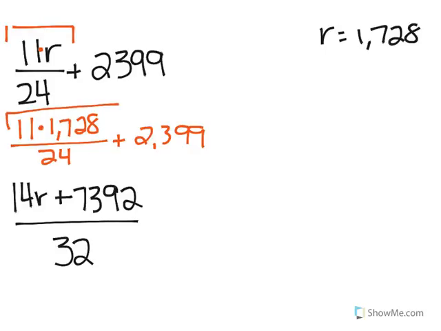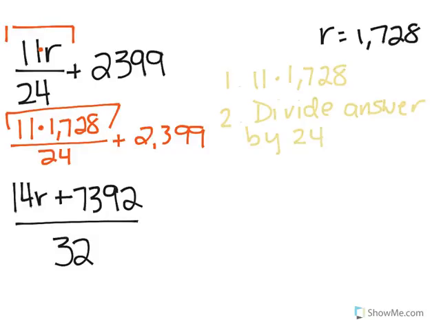You need one number here before you can divide. So first we're doing 11 times 1,728, divide that answer by 24, and then add 2,399, and that will give you your answer for that one.